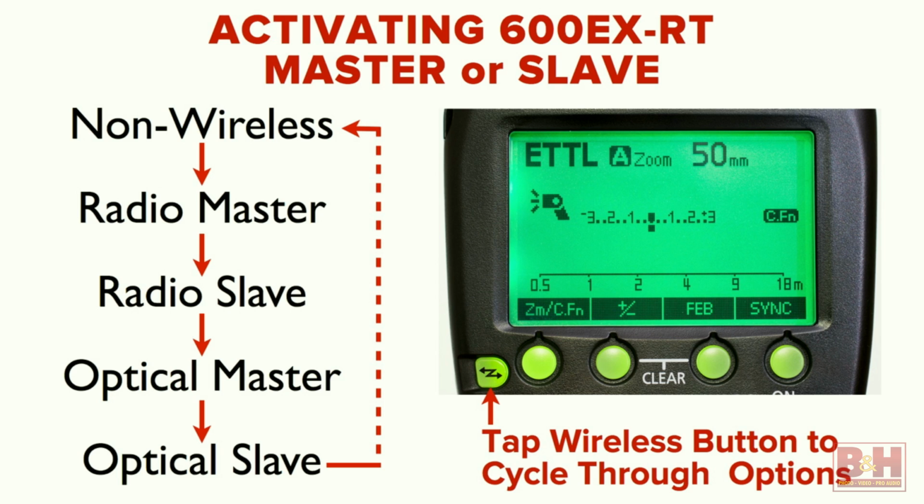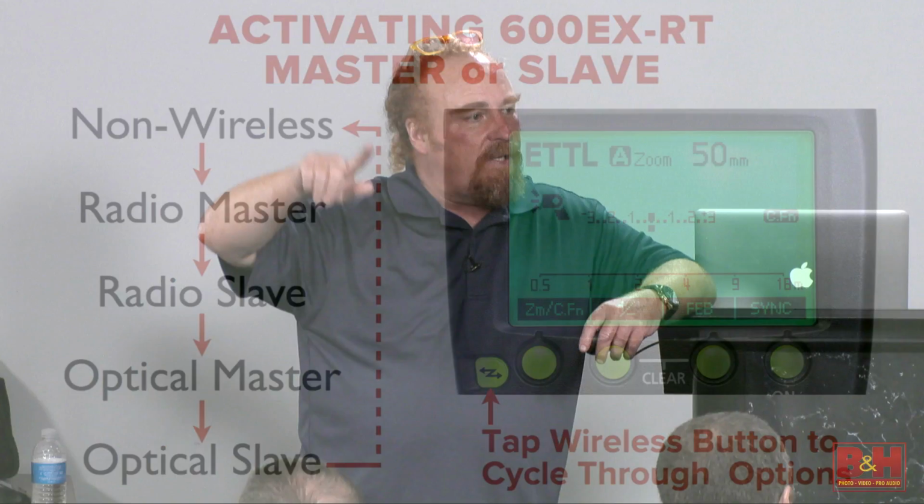Now, how do we turn the system on and off, and how do we navigate through it? Fortunately now we have a dedicated wireless button. So this is the 600EX again. The thing to know is that if you tap, tap, tap, tap, tap, it's just circling through five choices on a menu: non-wireless mode, radio master, radio slave, optical master, optical slave, and then after optical slave, you hit it one more time, it loops back up to non-wireless.